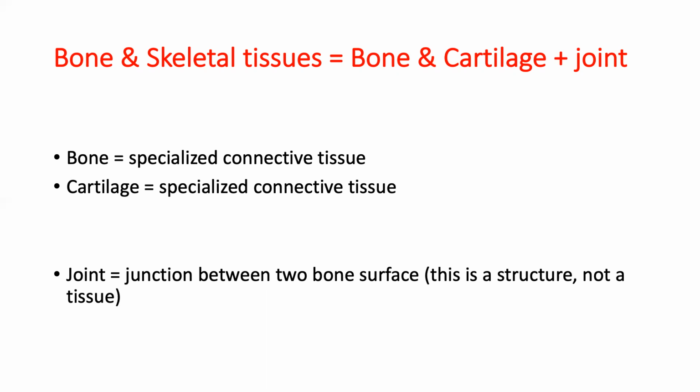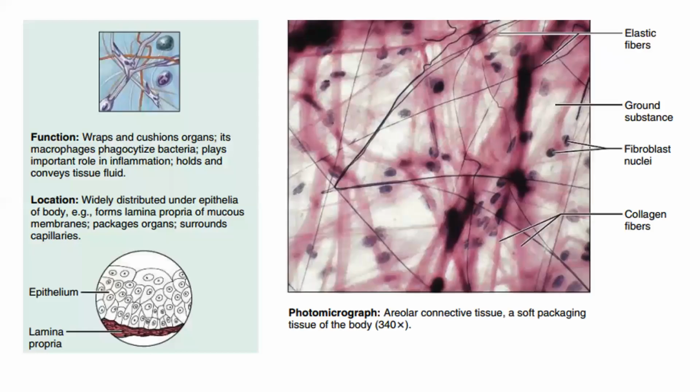So before we jump into the bone, let's look at the histology slides of the connective tissues. So the very first slide is areolar connective tissue, which is acting as a cushion and more like a glue.